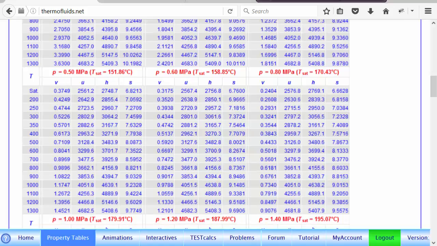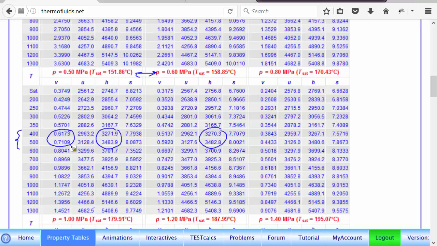If we go find the enthalpy, it is somewhere between here and here, and over here enthalpy is somewhere between these two. So therefore we bracketed our answer for a pressure of 0.52 MPa, 520 kPa, between these two tables, and the temperature will be somewhere in between, which is 425, as you can see. Specific volume will be somewhere in between these two guys, right?